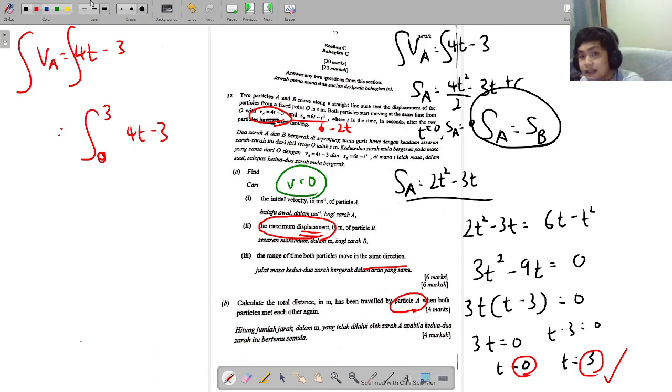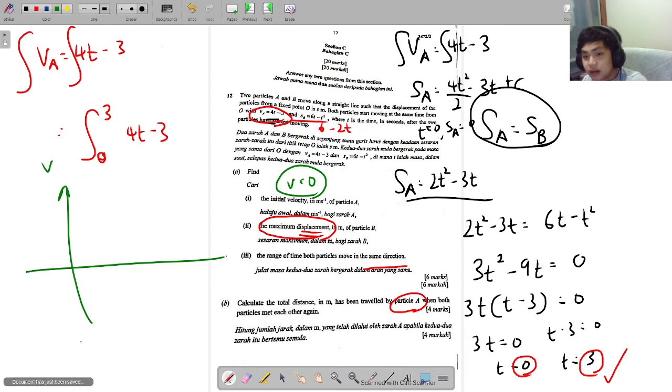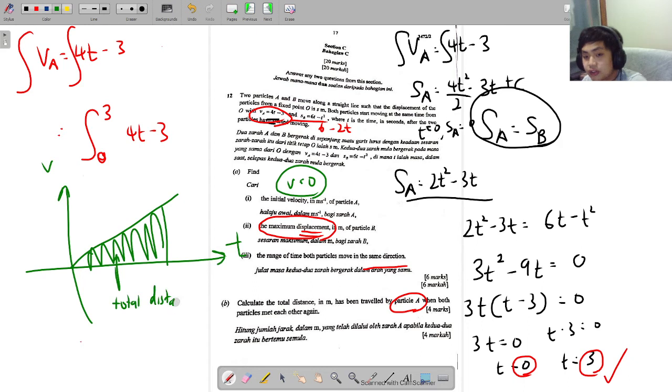Why is this the case? If you look at a simple sketch of a graph of V against T, the area under the graph represents the total distance traveled, because velocity is displacement over time.